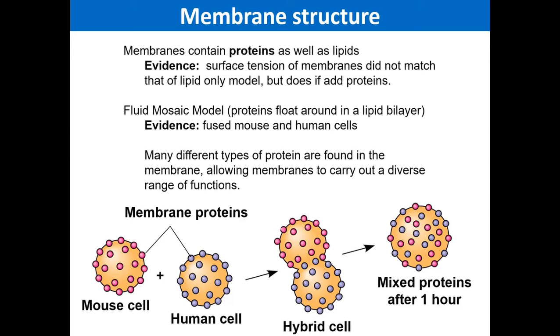Also, these proteins can move along the plasma membrane. That is the fluid mosaic model, coming from fused mouse and human cells known as hybridomas. Many different types of proteins are found in the plasma membrane. In this experiment, the experimenters marked the proteins on the mouse cell with a fluorophore emitting at a certain wavelength, and then labeled the proteins coming from a human cell with another fluorophore, generating a hybrid cell between a mouse and a human, and observed what would happen to the two wavelengths of the two labels.